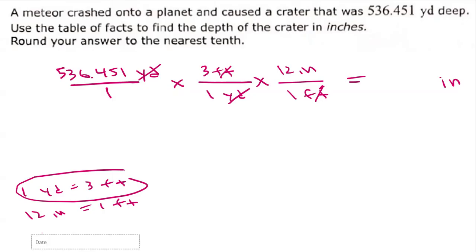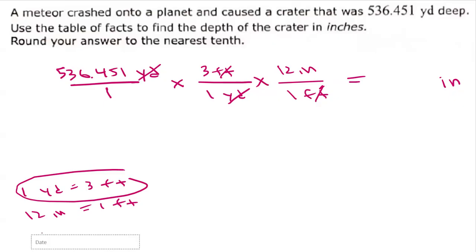We want inches, and that's what's left over. Now we just multiply. We multiply fractions: we multiply everything on the top, and then multiply everything on the bottom, and then we divide.